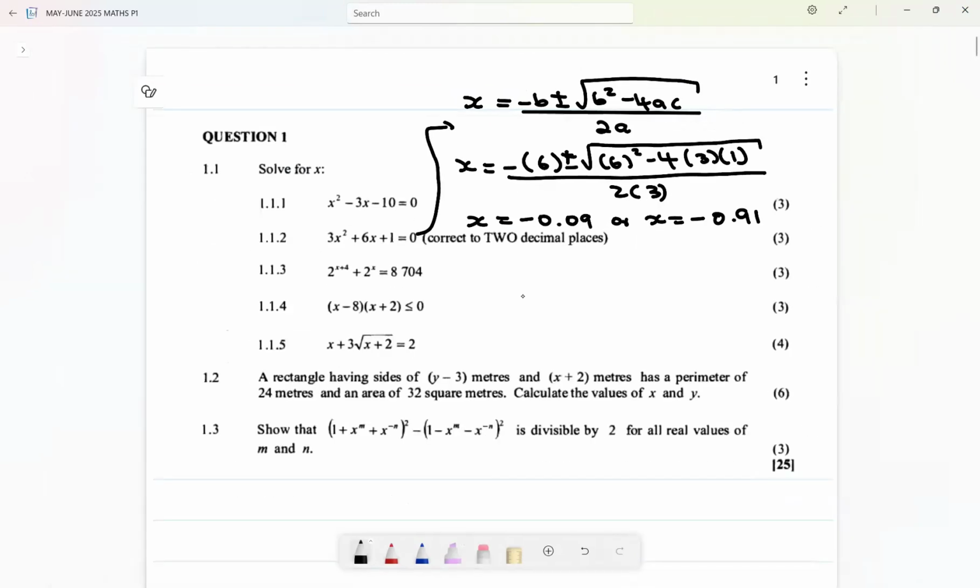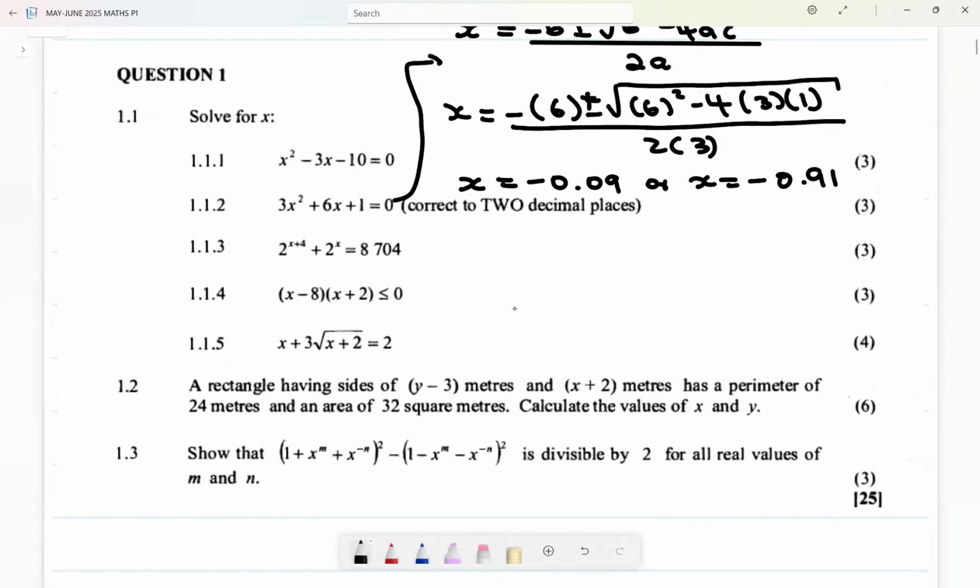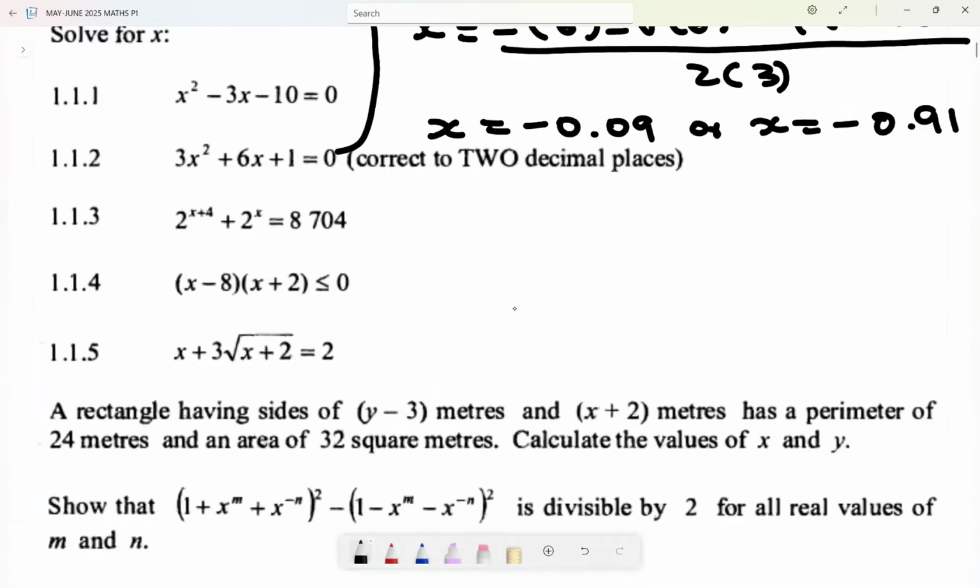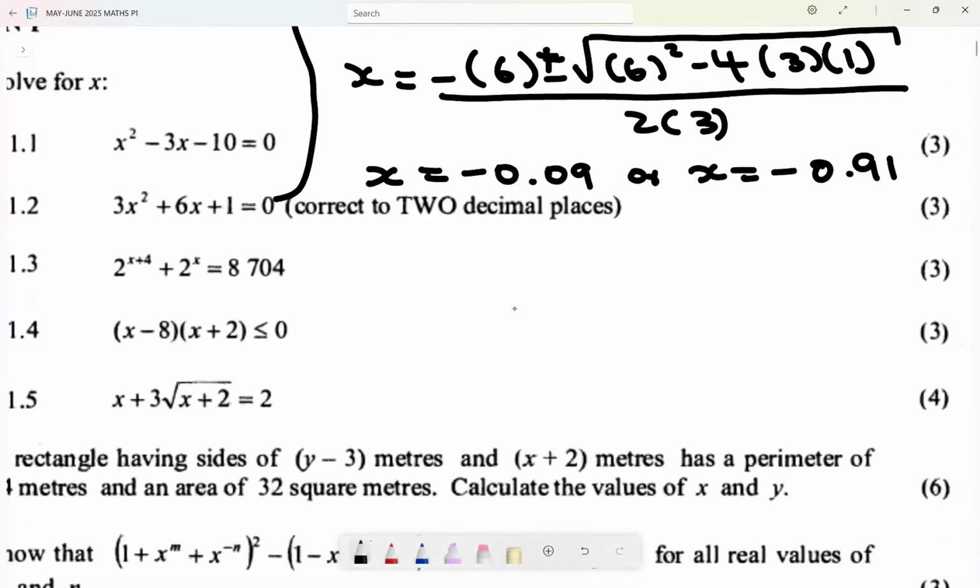Moving on, I now have this one: 2 to the power of x plus 4 plus 2 to the power of x, equal to 8704. How can I do this? I don't know. I'm thinking quadratic. Why quadratic? Okay, how about I do this? Remember, let's apply laws of exponents.